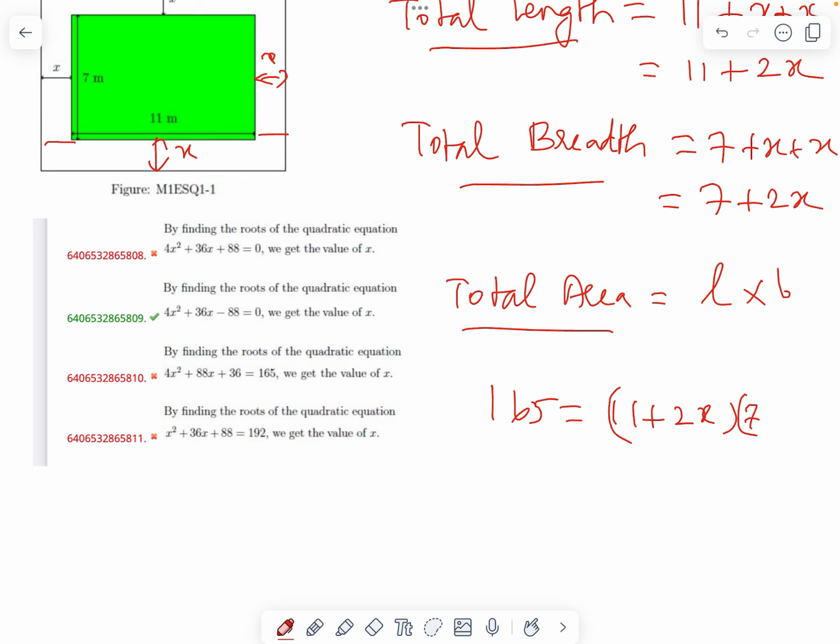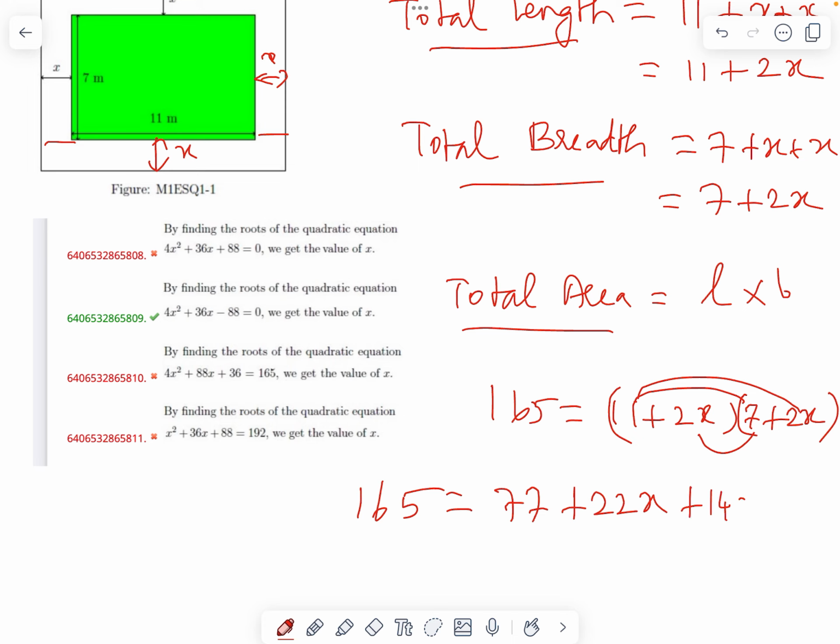So 11 plus 2x, okay. Fine. So 11 into 7 is 77. Then 11 into 2x: multiply, so plus 22x. Then 2x into 7 is plus 14x. Next 2x into 2x, so x into x is x square, so plus 4x square.